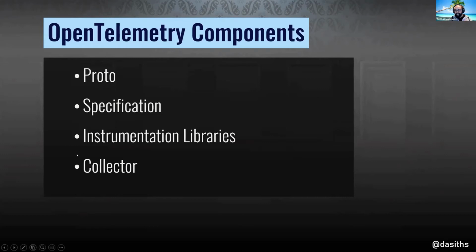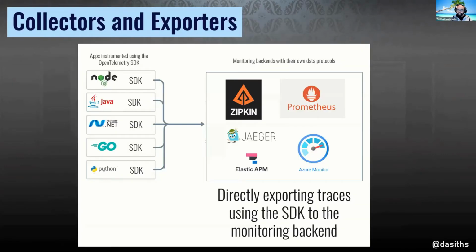Now, this brings us to the biggest part of the components, which is the collector. I want you to pay attention to this because this really ties into how you will use OpenTelemetry from an architecture point of view. This view simply shows some applications, and they are using SDKs directly baked in.